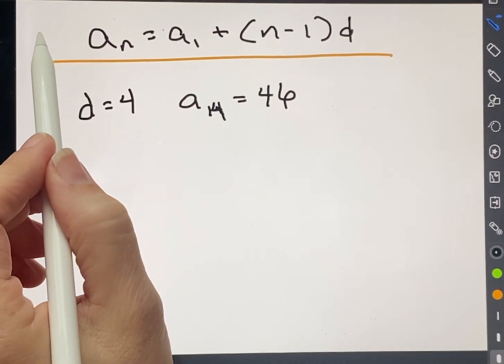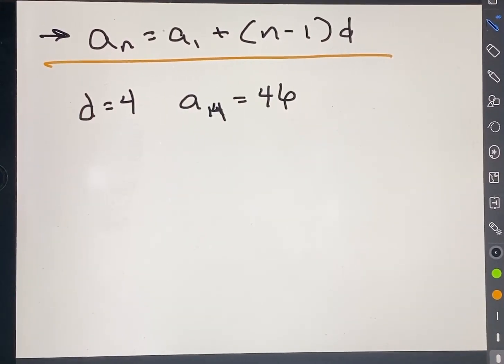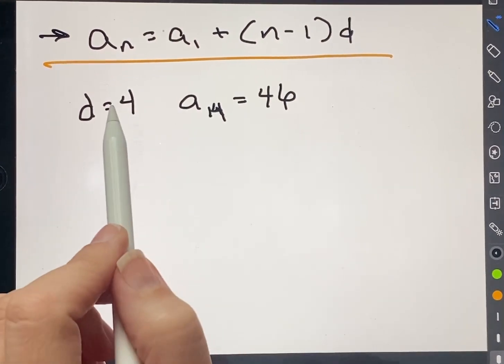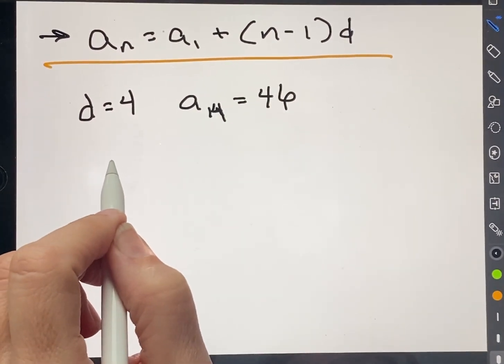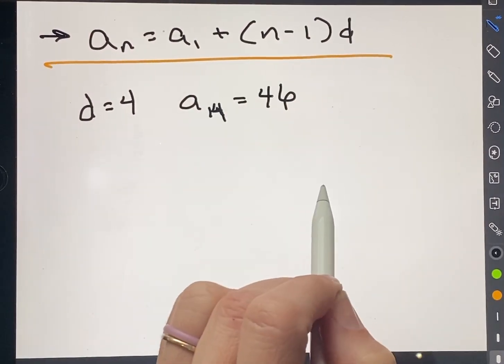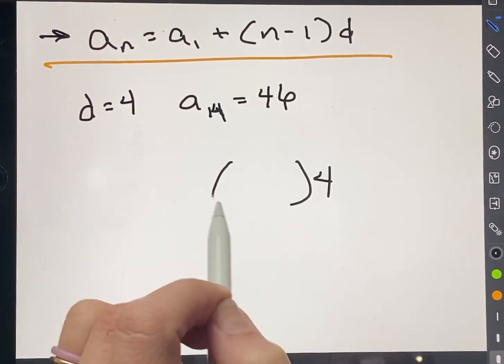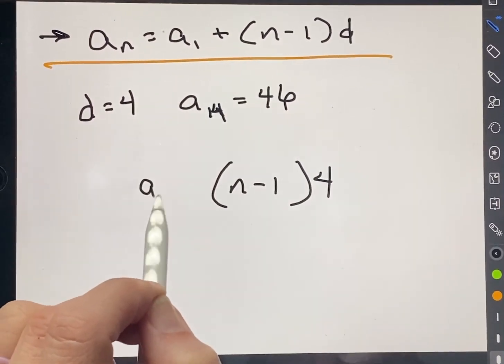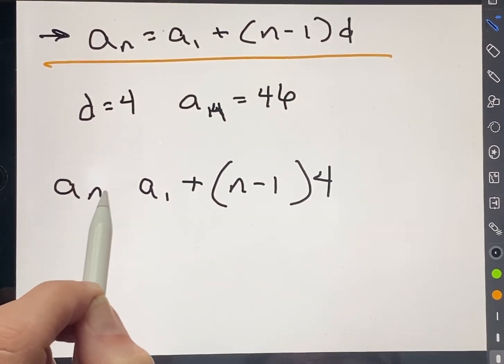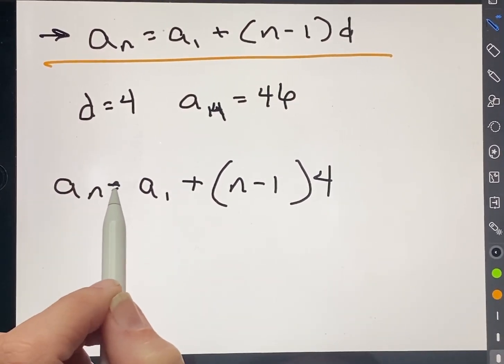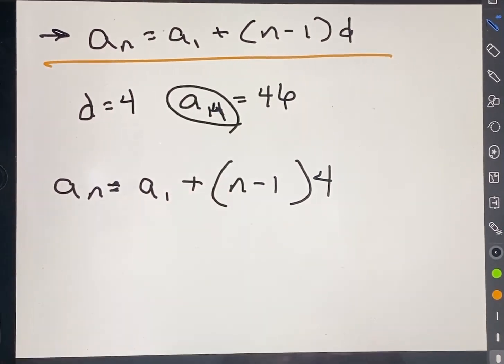Well, we know that we have a formula here that it's valid for finding an arithmetic sequence. We know we have a D, so we're going to plug that in. So we've got 4 over here. I'm going to write it out. Okay. And we have a certain value.